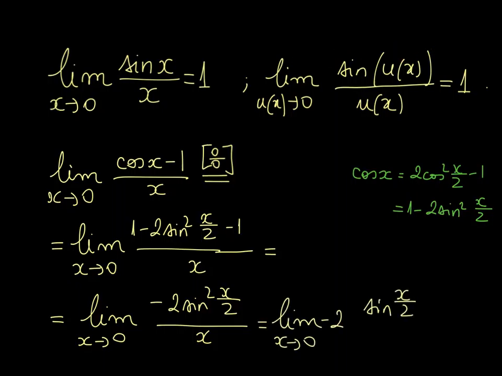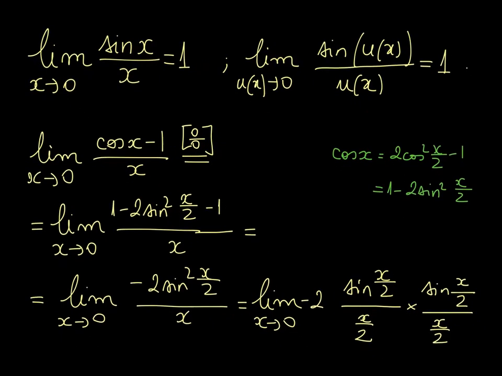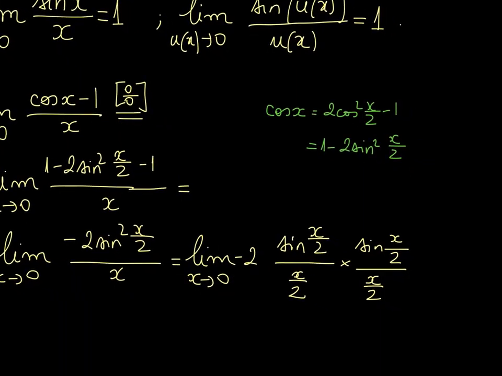So I'm going to split my sine square of x over 2 into sine x over 2 and another sine x over 2. But on the denominator, I need an x over 2 according to my result here. So I need an x over 2 here as well. However, I want the limit to be the same because I have an equal sign.